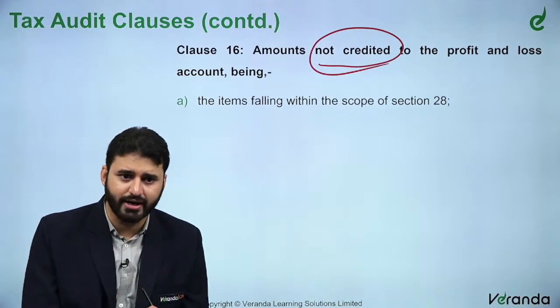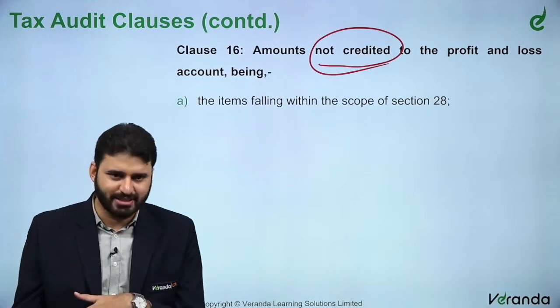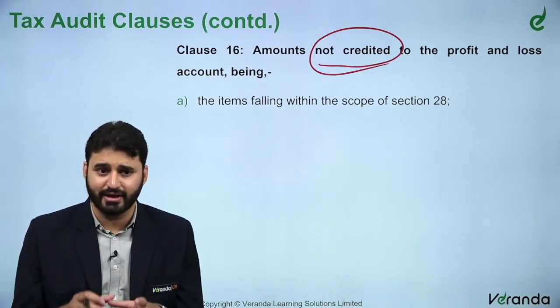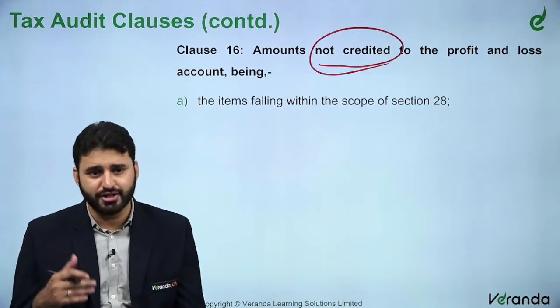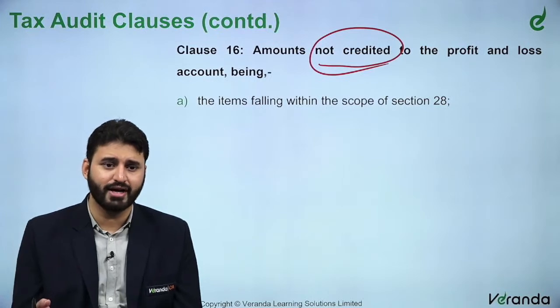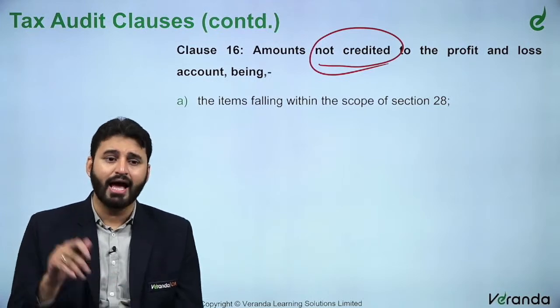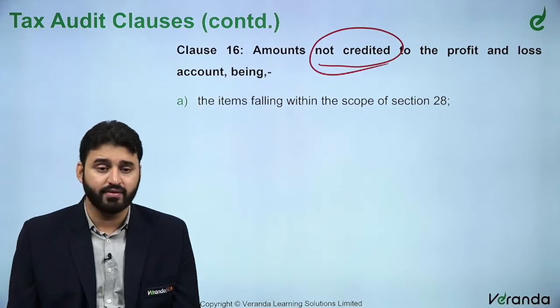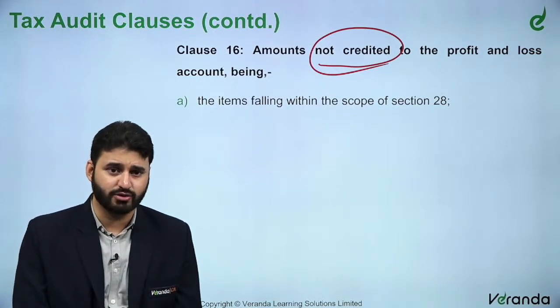If it is not credited, then of course it will be taxed separately. This will be helpful for the tax auditor. This will be helpful for the income tax department to issue notices to the auditor, to the assessees. Okay, boss, this is not credited to your P&L, therefore you have not included it, and therefore you need to pay tax on that, right?